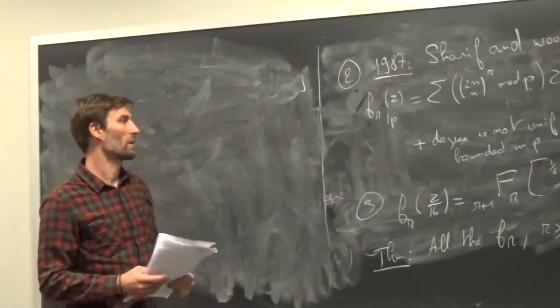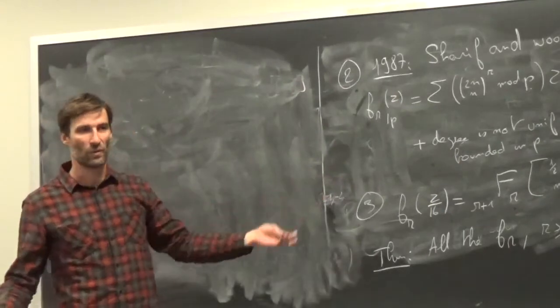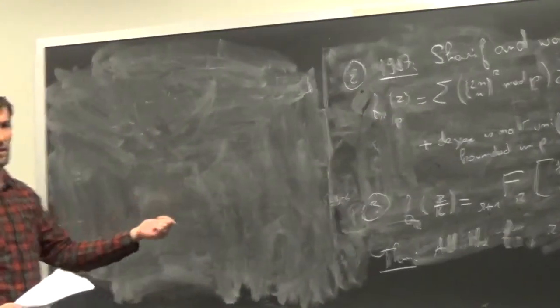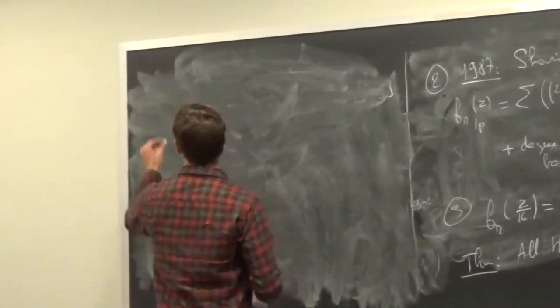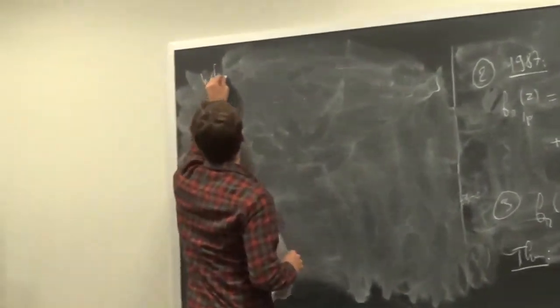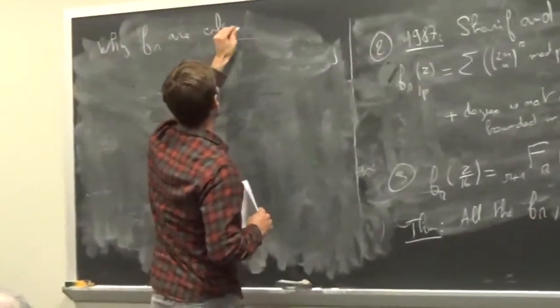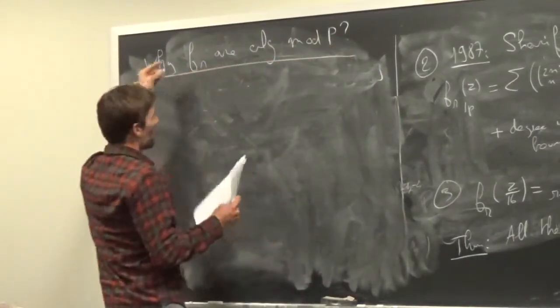Okay? Maybe it's just an accident, and you get just by chance that these series are algebraic mod p, but the first question is why, and is this relevant in some sense? So why are they algebraic mod p, for this kind of function?